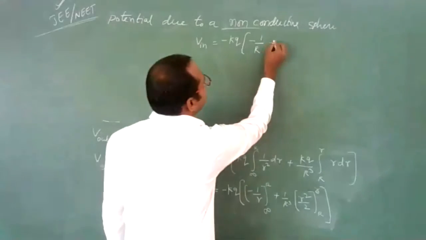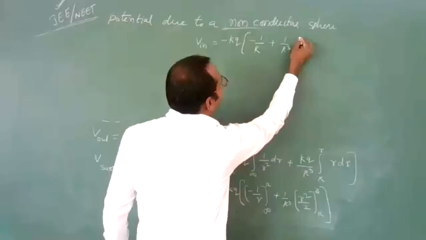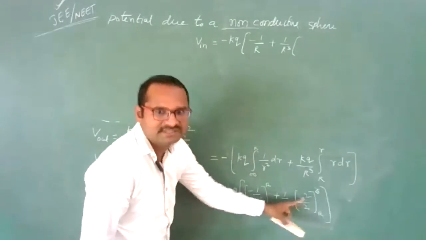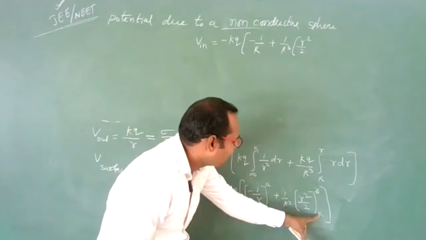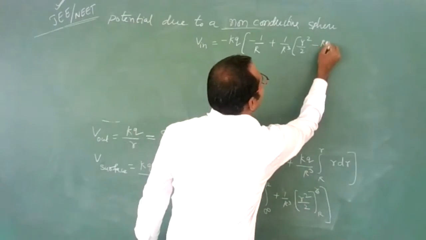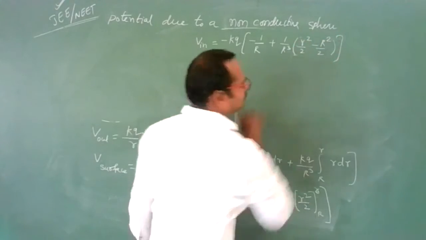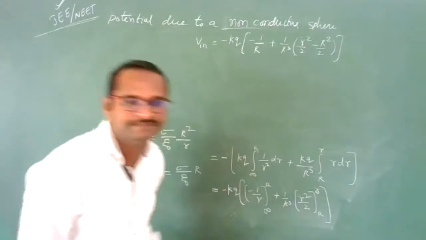Plus 1 by r cube is there. Again limits apply: in place of small r, substitute small r first, so small r square by 2. Next, minus capital R square by 2. Clear? I have applied the limits.